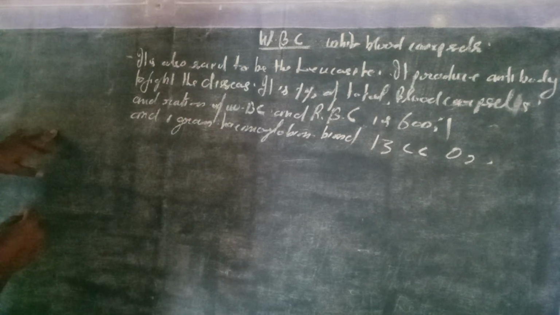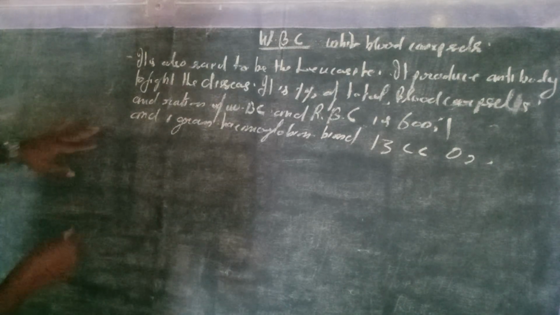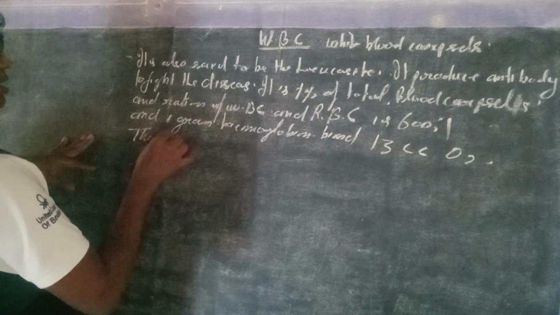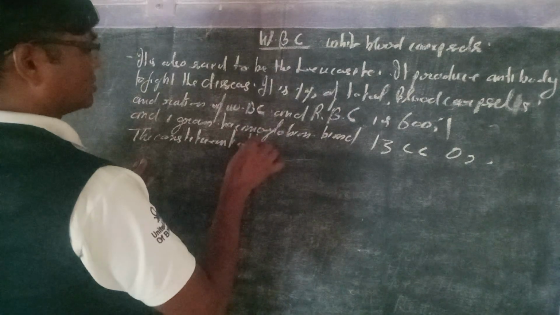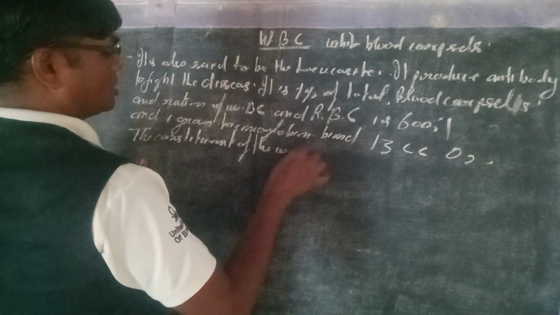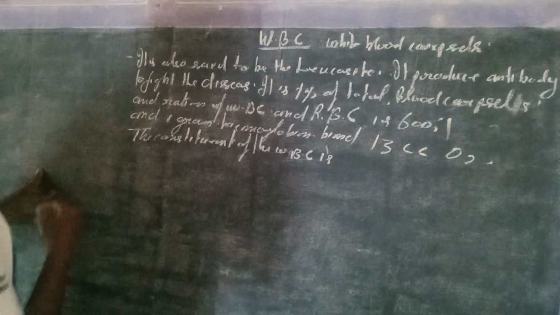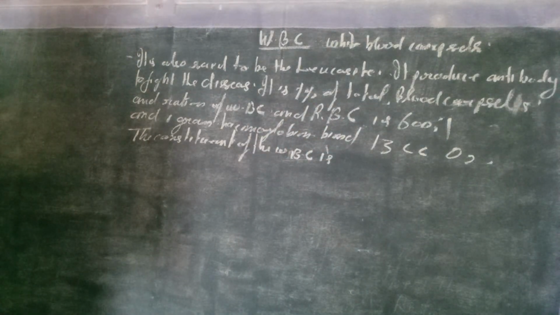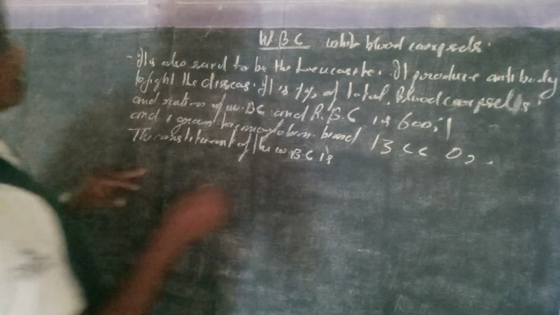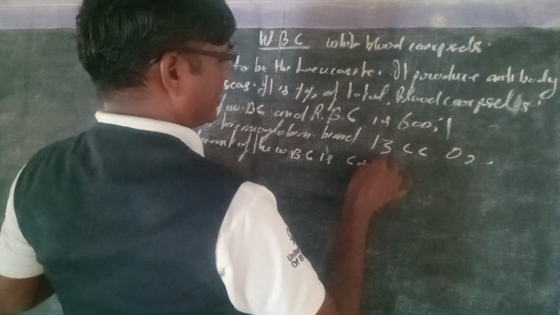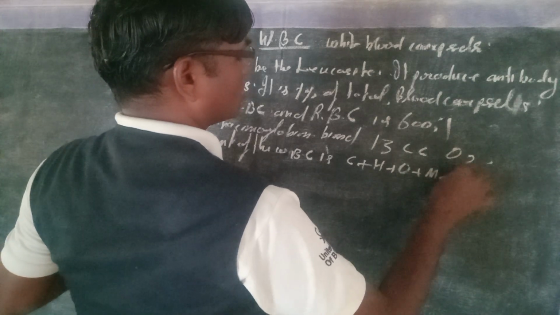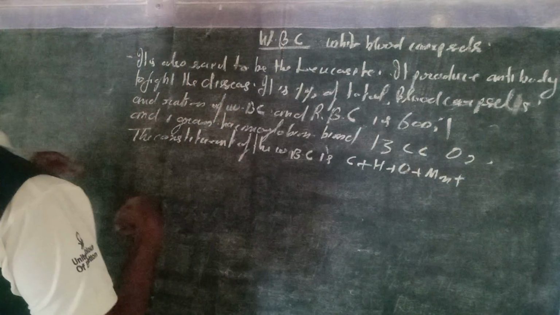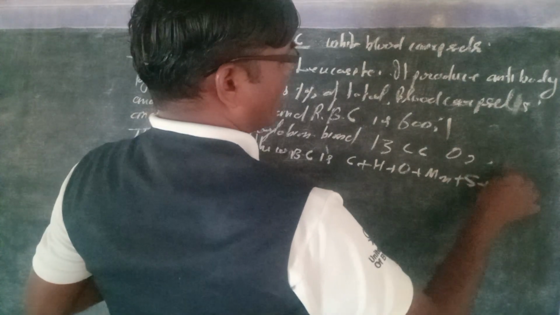The constituents of WBC are carbon, hydrogen, oxygen, manganese, sulfur and iron.